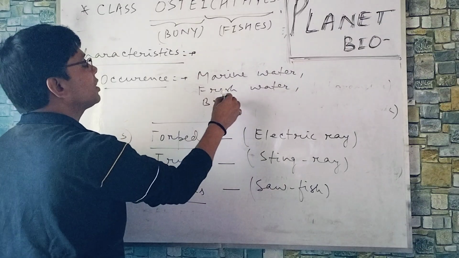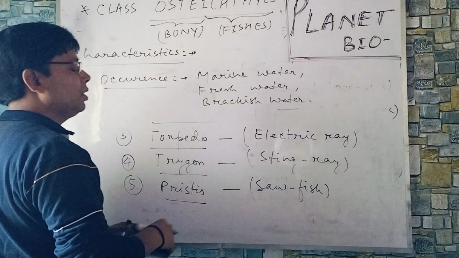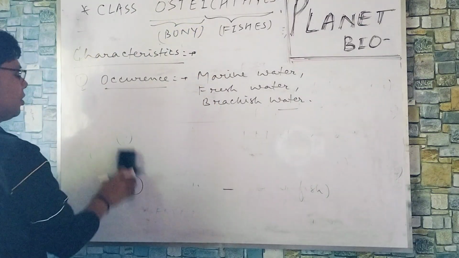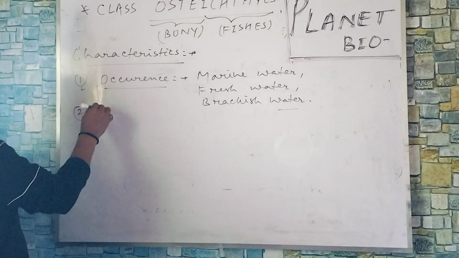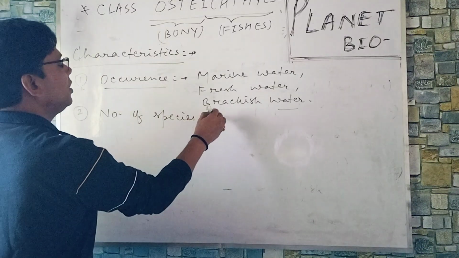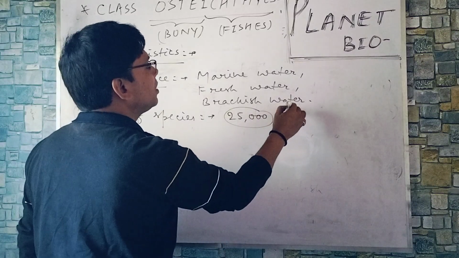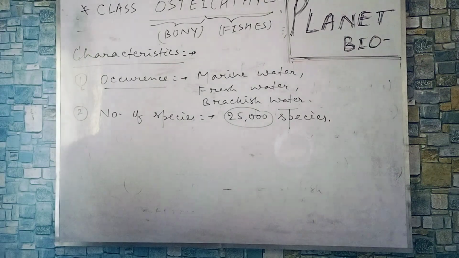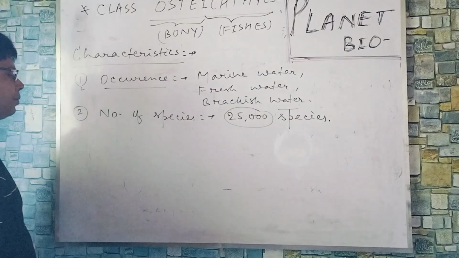They may be found in brackish water. So they are aquatic and can be found in any type of water bodies, salted or non-salted. And that's why the number of species you can see is quite different. About 25,000 species can be studied belonging to this class. So a huge number is there.